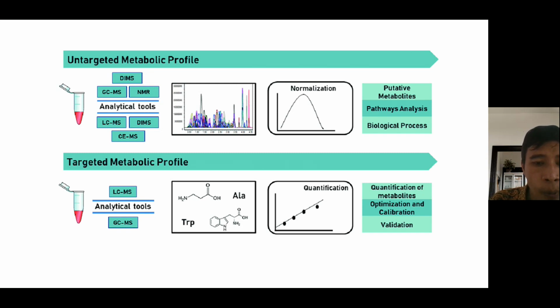You just quantify the level of alanine or the level of tryptophan, and then you will get the quantification of the metabolite, and then you will validate it. So you will end up with different kinds of data from your study between untargeted metabolic profiles and targeted metabolomic profiling.